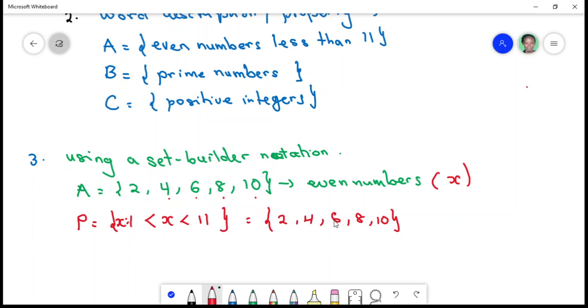So this is the set builder notation. Let me write it out clearly.